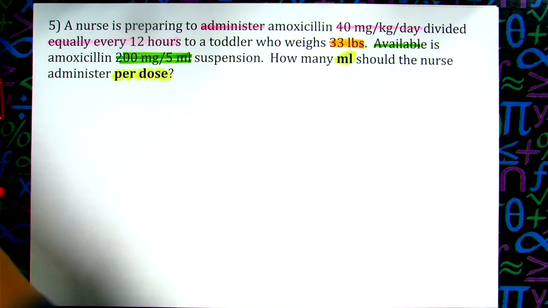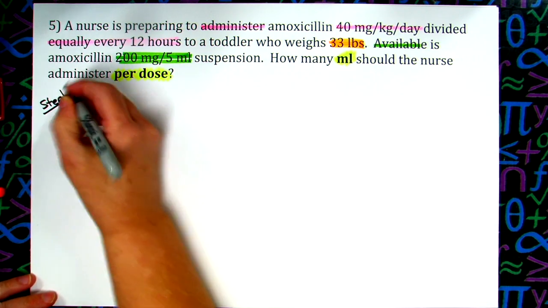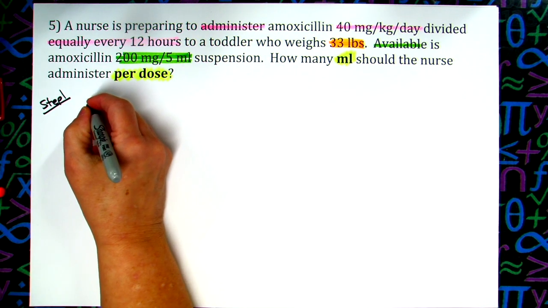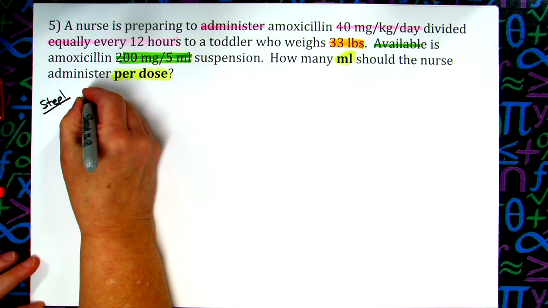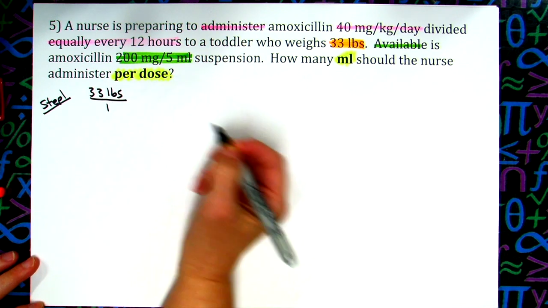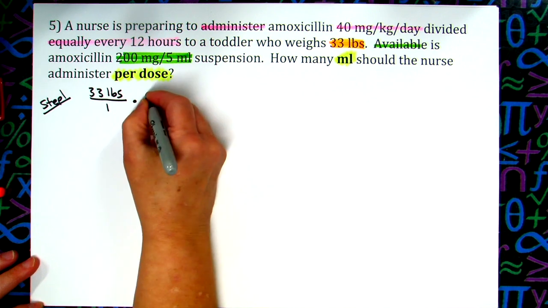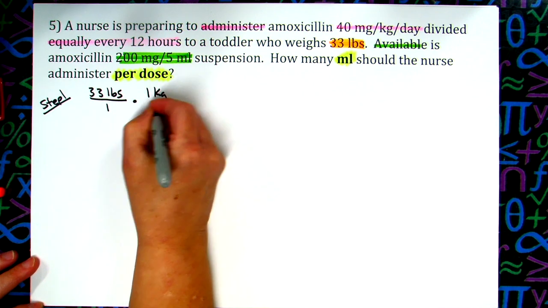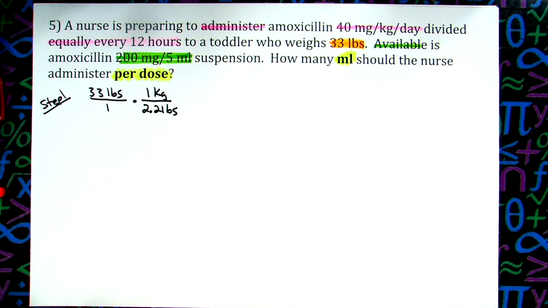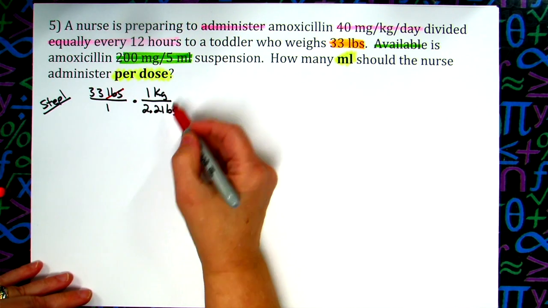All right, so step 1, even on the conversion here from pounds to kilograms, I'm just going to go ahead and show it as a unit analysis as well. So we're going to have our 33 pounds, and we need that converted to kilograms. You do have to have memorized that 1 kilogram is equal to 2.2 pounds. I'm going to line those pounds up so that I've got pounds in the top and pounds in the bottom.